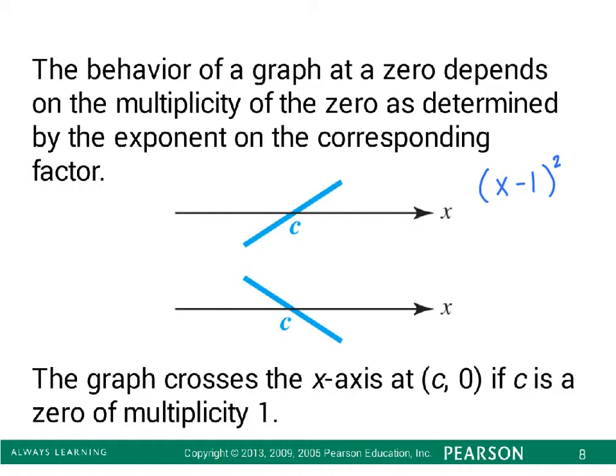But when we have a single multiplicity, when we do not have a power on our factor, it does not have a 2 here, there's a 1. This is how it goes through the x-axis. It simply just goes through the x-axis, okay? Either this direction or this direction, okay?